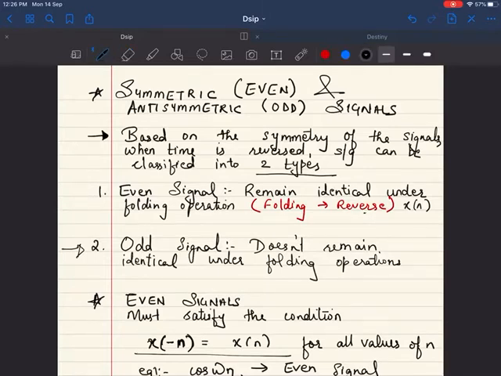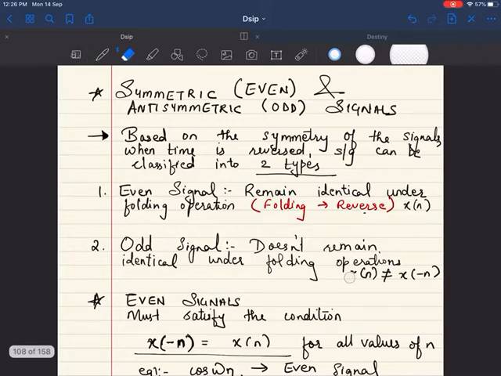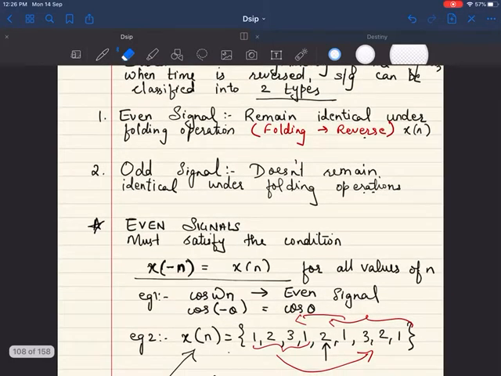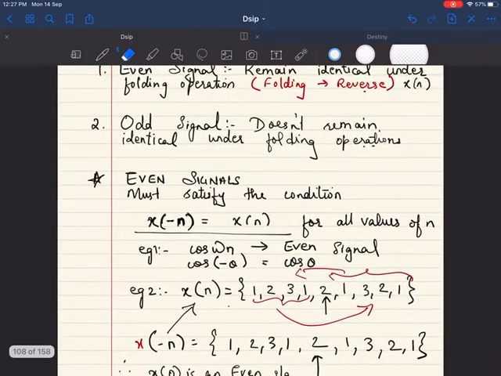Whenever a signal, when it is reversed, gives x of n not equal to x of minus n, that is called an odd signal. It doesn't remain identical under the folding operation, that's an odd signal.